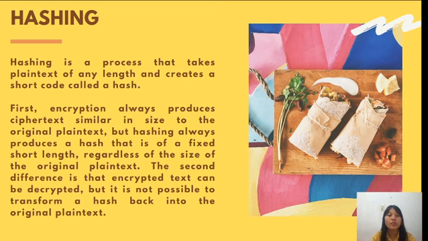First, encryption always produces ciphertext similar in size to the original plaintext, but hashing always produces a hash that is of a fixed short length, regardless of the size of the original plaintext. The second difference is that encrypted text can be decrypted, but it is not possible to transform a hash back into the original plaintext.